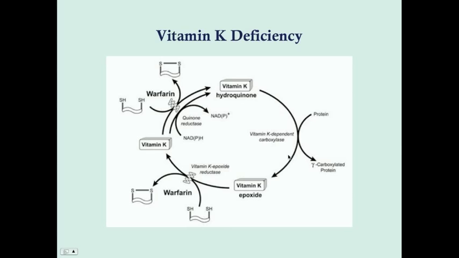Once vitamin K does the carboxylation with the enzyme, it then needs to be recycled. It's recycled by two enzymes, but warfarin inhibits those enzymes. And so you can't get back to the vitamin K that is supposed to go back and help carboxylate and activate those factors.